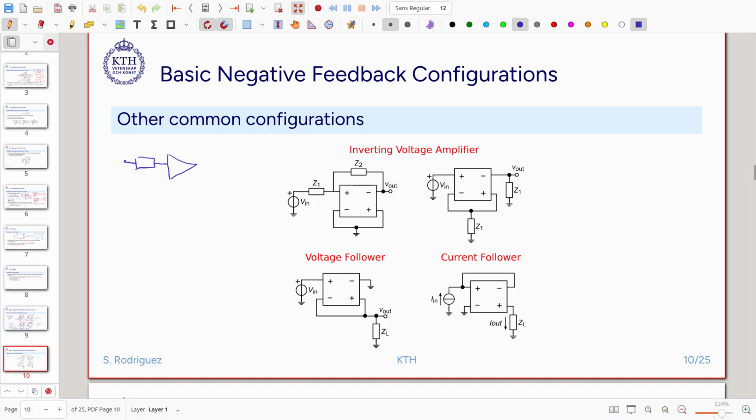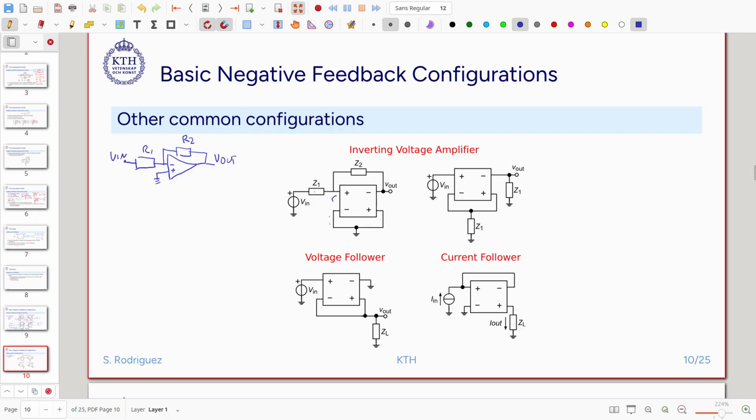An inverting amplifier can be designed using an op-amp and 2 resistors. This is V1 and this is V2, V out. So that can be conceptually done using a transimpedance amplifier and one resistor that is in series.